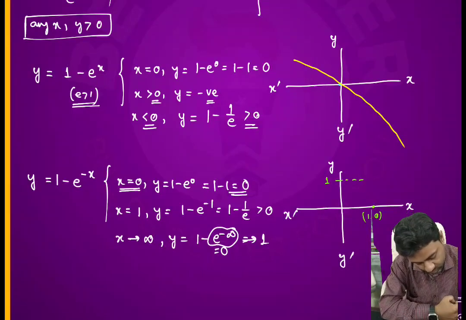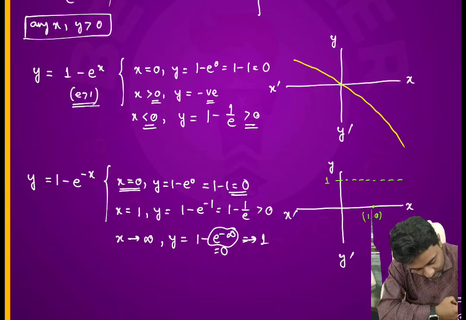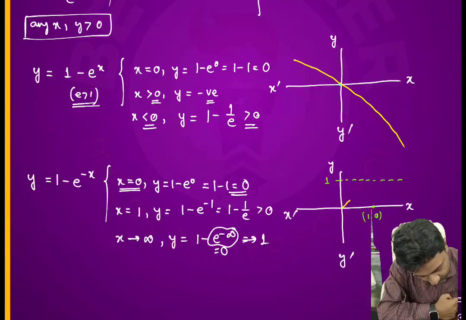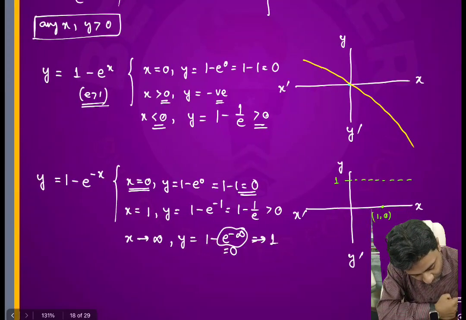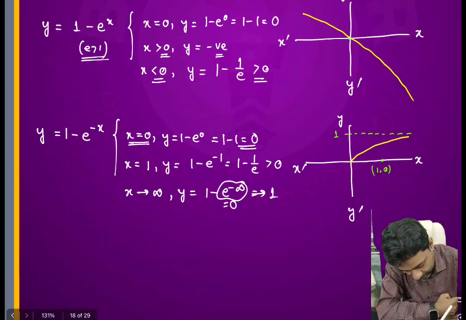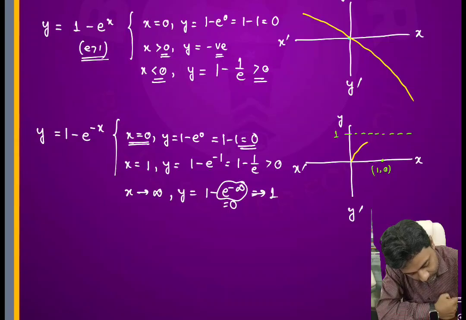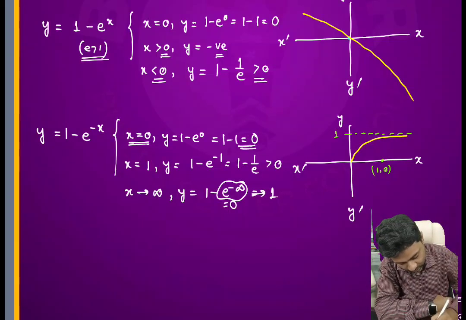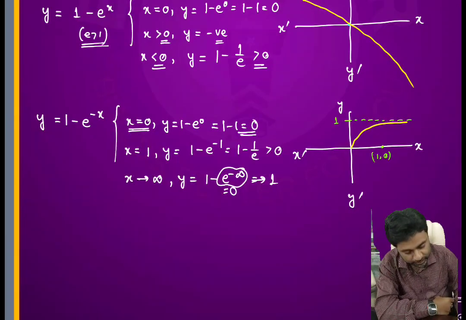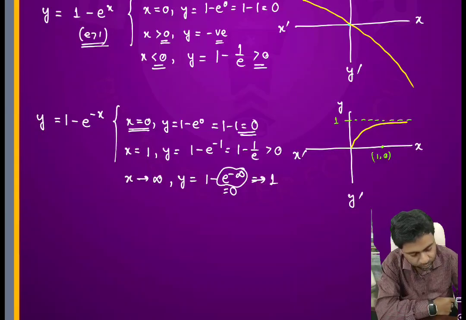So as x tends to infinity, this is the value of y equal to 1. So the graph will assume this shape. The value of y tends to be 1 as the graph rises to the right. Actually, initially it rises very fast, then it takes this asymptotic shape. Okay.